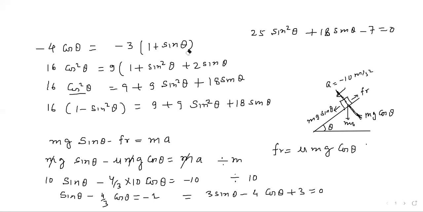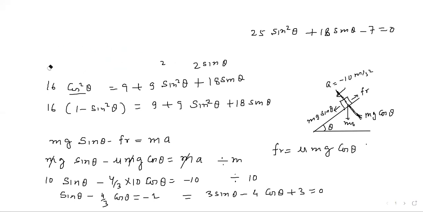Now we apply quadratic formula. So our equation is 25 sine square theta plus 18 sine theta minus 7 equal to 0.